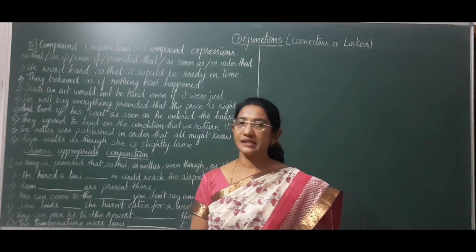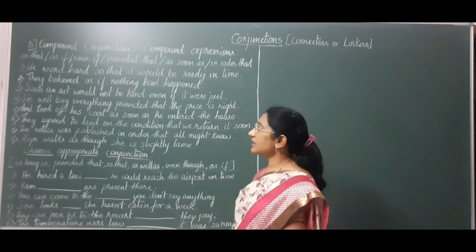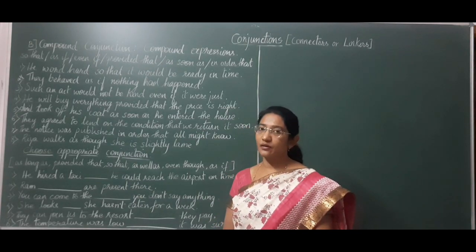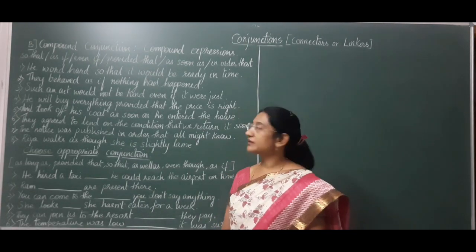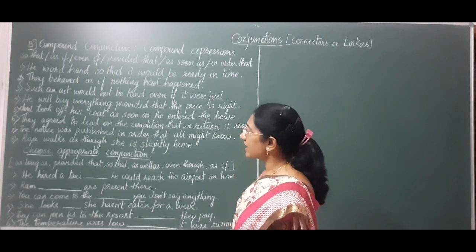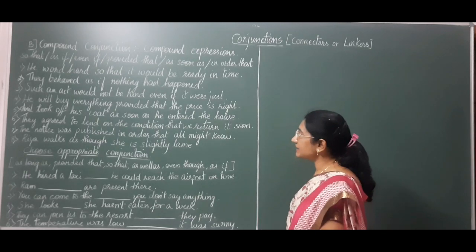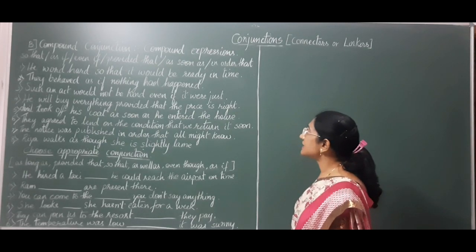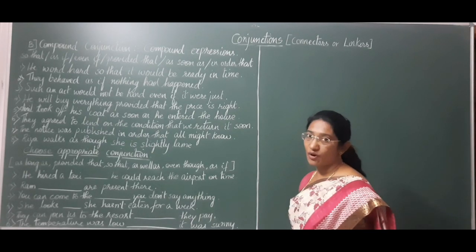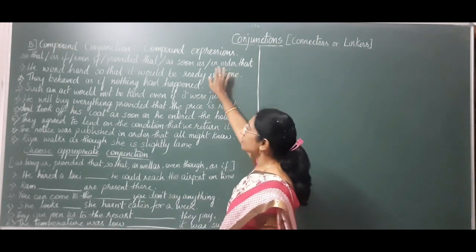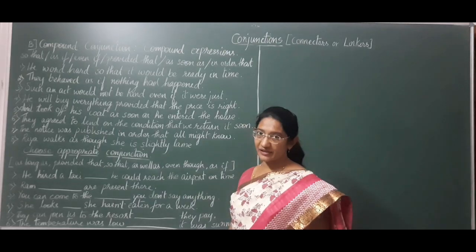Compound conjunctions. Two or three conjunctions which form compound expressions are called compound conjunctions. Words like so that, as if, even if, provided that, as soon as, in order that, and so on, where you see two or three words together form a compound expression.